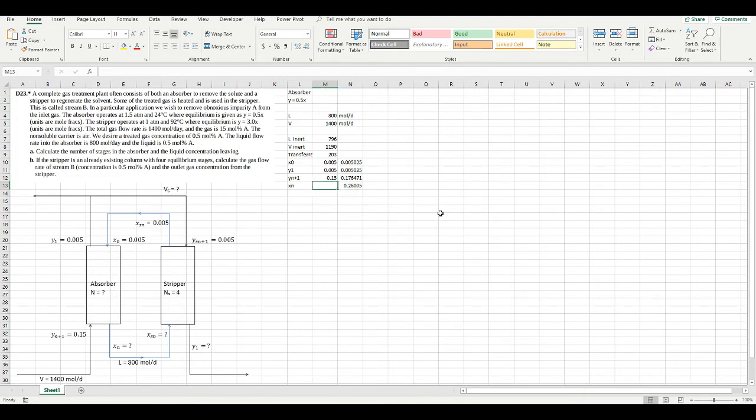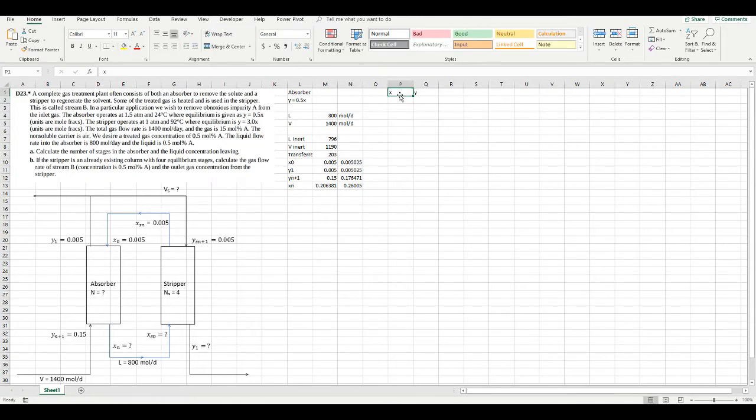Now we can find the corresponding mole fraction by simply taking this value and dividing by 1 plus the same value, which is about 20.6%. We now have everything we need in order to trace an operating line and an equilibrium line. So let's start by just writing this out.